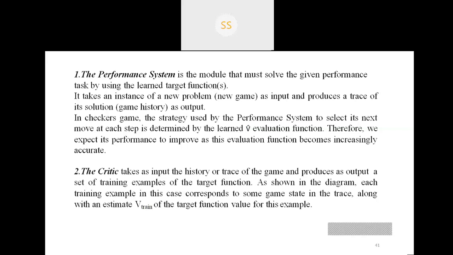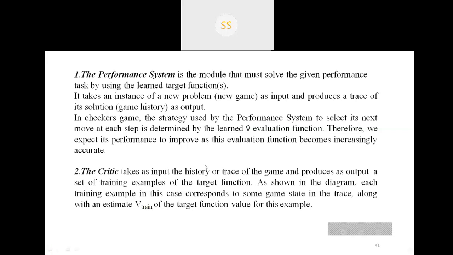So this performance system will generate a trace for a given input. Then it checks whether it meets the performance criteria or not. If it doesn't meet the criteria, then it will go back and change the weights.